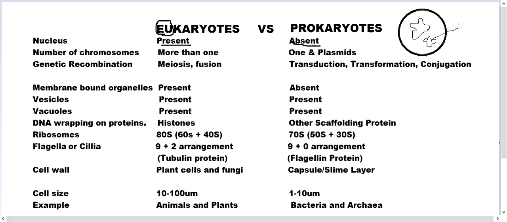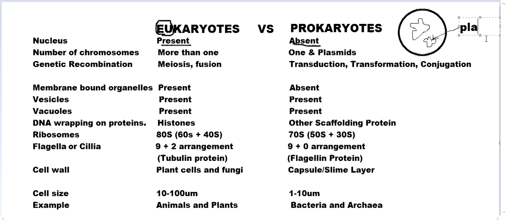So this is the main genetic material, and this is the extra genetic material, which is called the plasmid. The plasmid is present in prokaryotes and absent in eukaryotes. We don't take genetic material like that inside our cells.